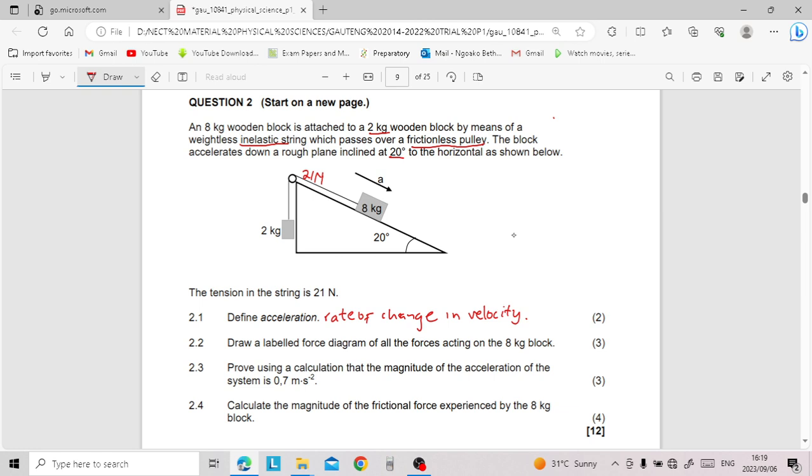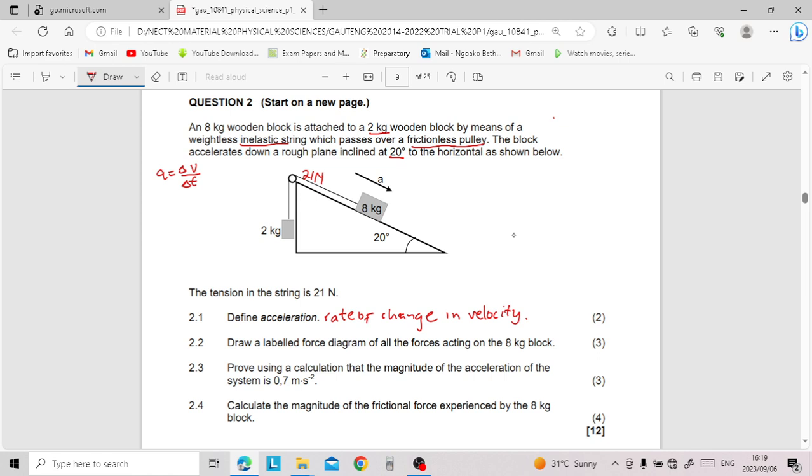So we know that acceleration equals change in v over change in t. So that is the rate of change in velocity. That's what we have.